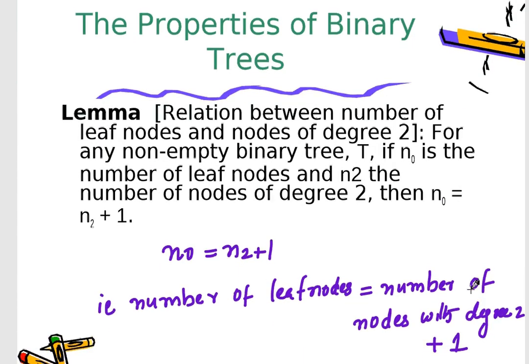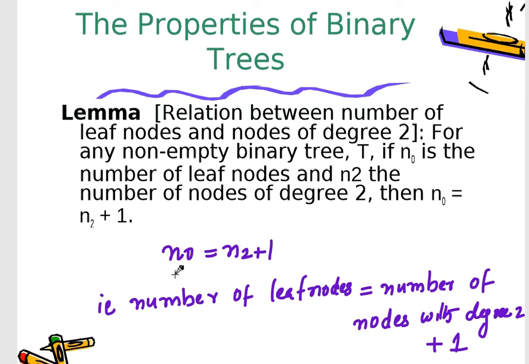Now another important property of a binary tree is about leaf nodes. The number of leaf nodes is equal to the number of nodes with degree 2 plus 1. It's an important property. As per this property, the number of leaf nodes is equal to the number of nodes with degree 2 plus 1.